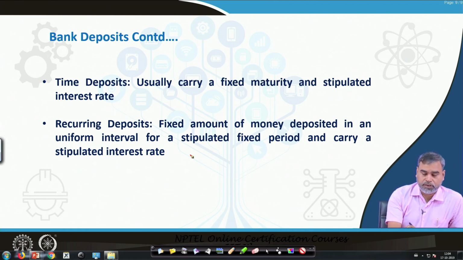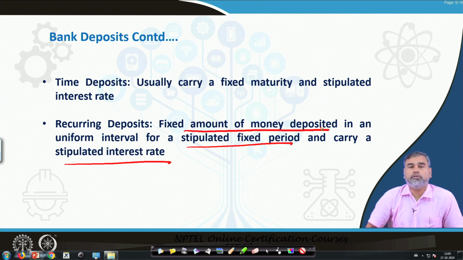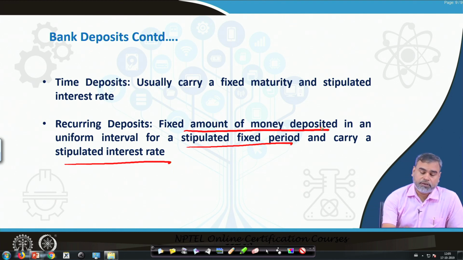So, we have recurring deposits. That is why there is a stipulated fixed period, it carries a stipulated interest rate, and the money deposited in that account is also fixed on an interval basis; that amount will be fixed. And generally the interest rate on the recurring deposits is more than the saving deposits.